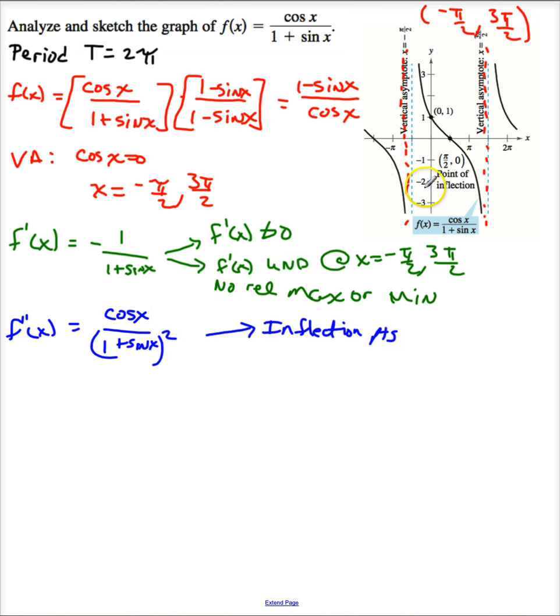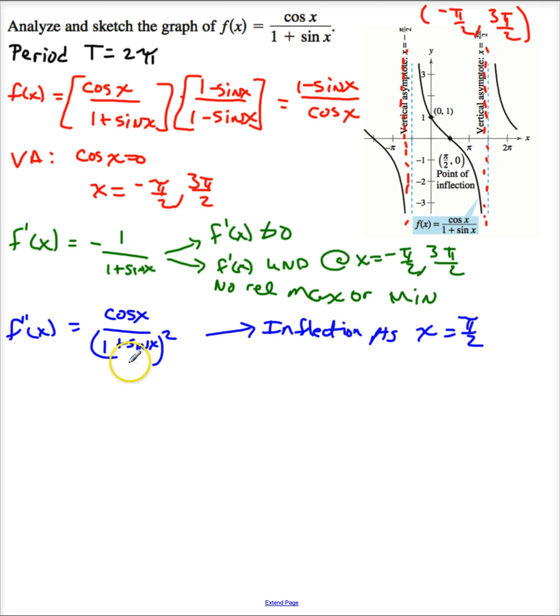My only possible inflection point in the domain that I have is x equals pi over 2. And of course, the denominator will always be positive, or equal to 0 at minus pi over 2. But again, we have the whole undefined thing going on there, so we've restricted our domain.